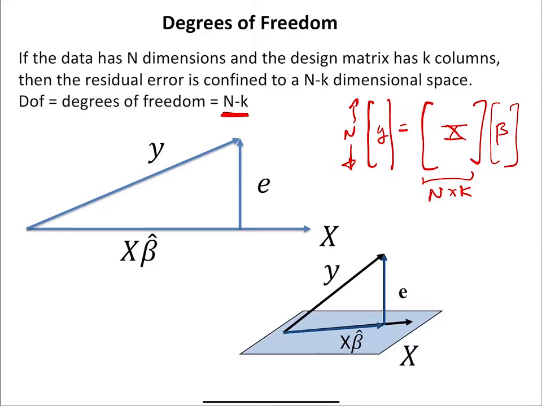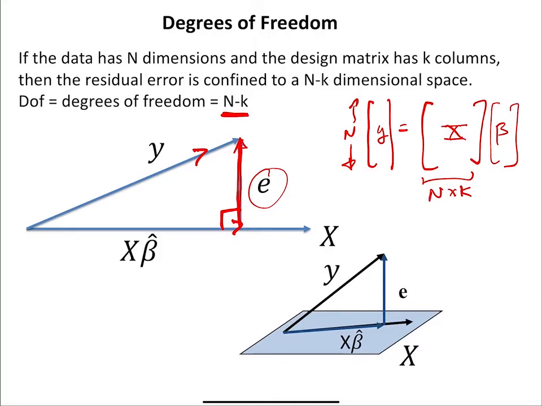All right? And so, for example, to get that across, if this is my data y, right, and I said the best estimate had to be X beta such that the error was orthogonal to my model, this means that E only has 1 degree of freedom. It has to lie on this line. Okay?